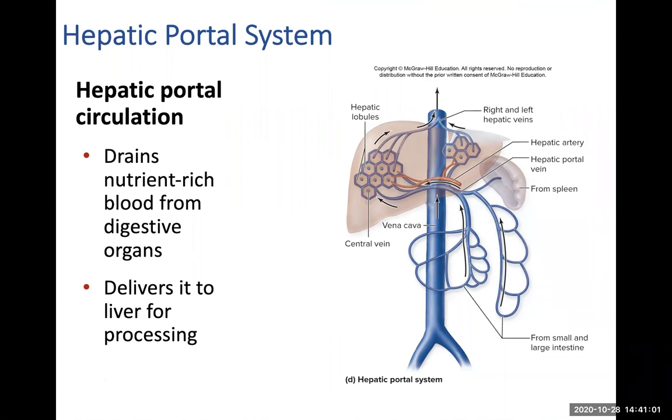But just by way of reminder, portal circulation is where you have 2 connected capillary beds. The first is responsible for gas exchange, like what we see at a typical capillary bed. And the second serves the purpose of exchange of substances that are not gases. So in the context of hepatic portal circulation, this describes the circulation between the small intestine and the liver.